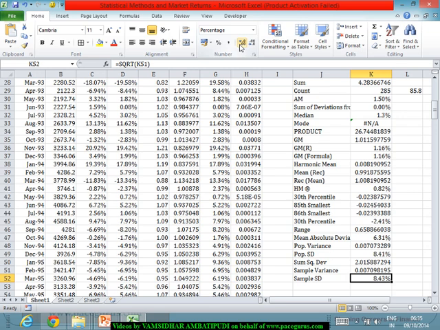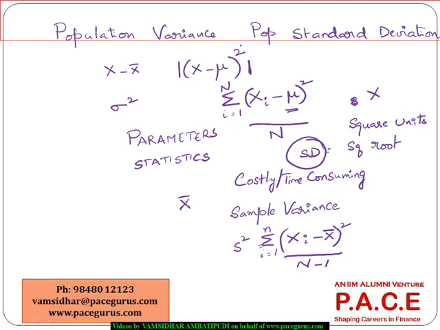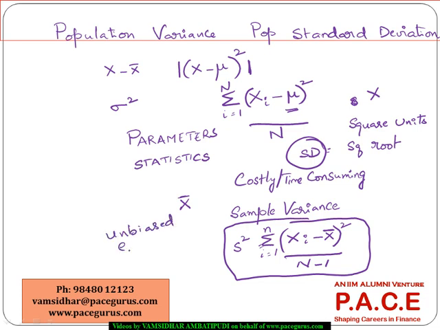What is the reason? Going beyond the proof, it has been mathematically proved that this particular value is an unbiased estimator of the population variance. We'll discuss this word slightly later.